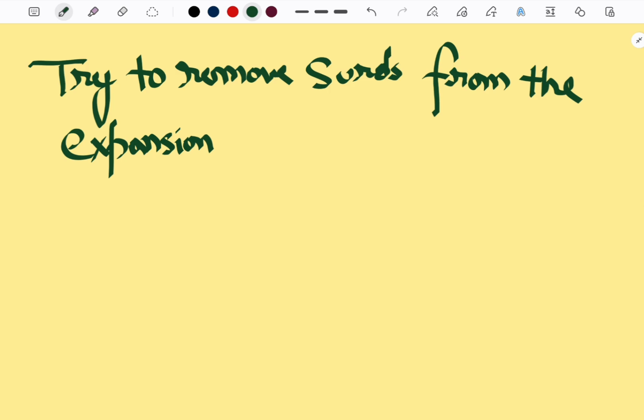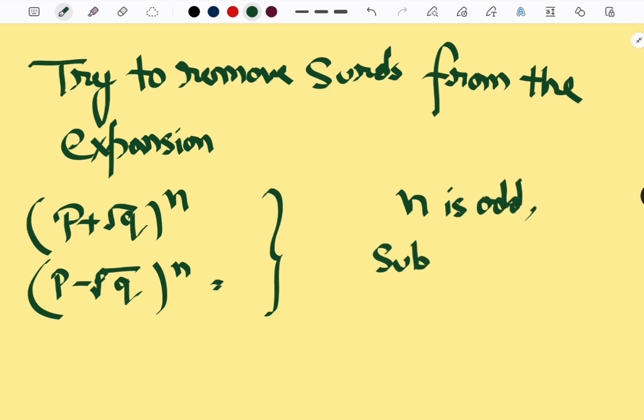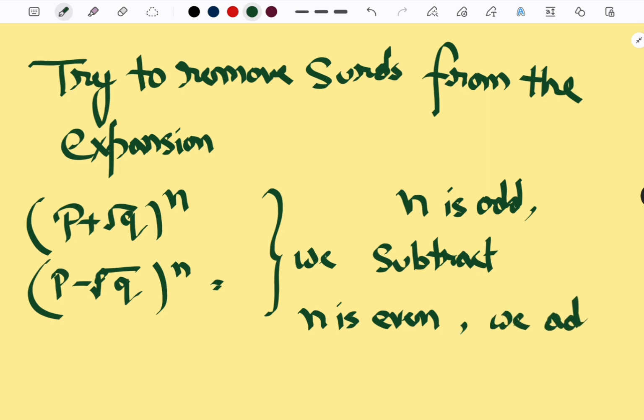Generally, if (p + √q)^n and (p − √q)^n are given, where n is odd, then we usually subtract. And if n is even, we add. This is the usual notion. We will see with the questions how this is done.